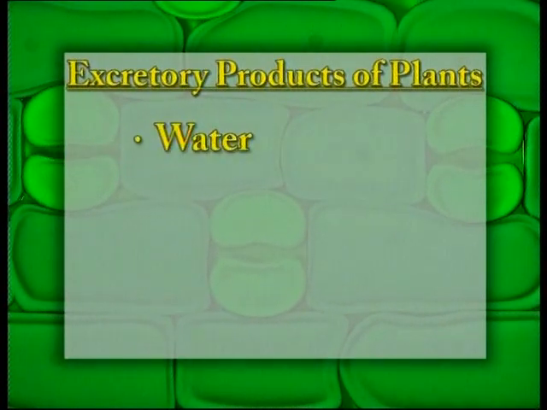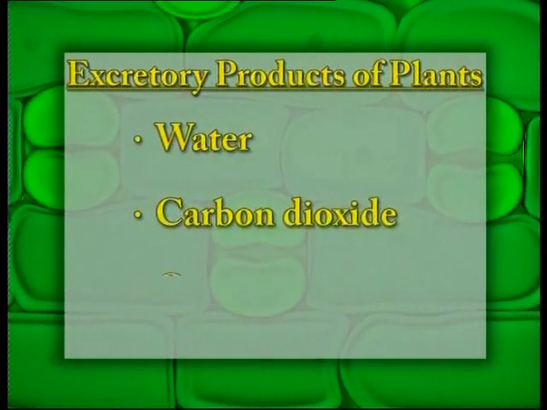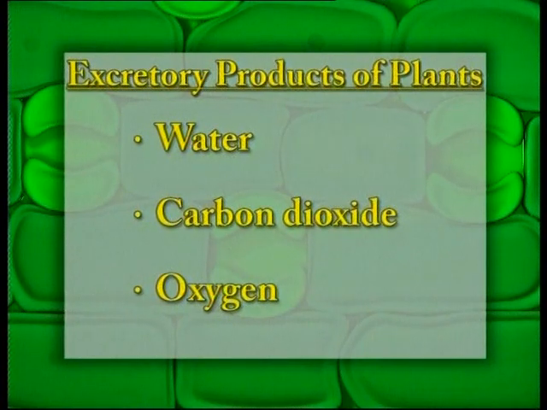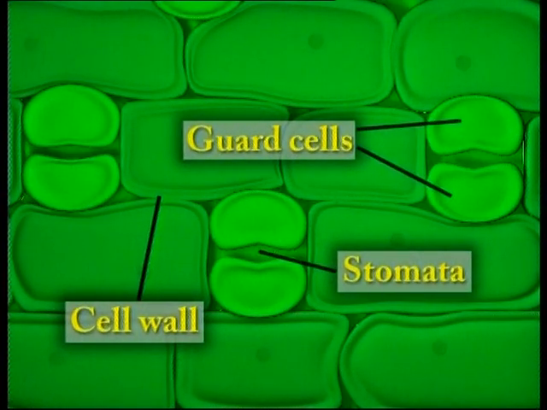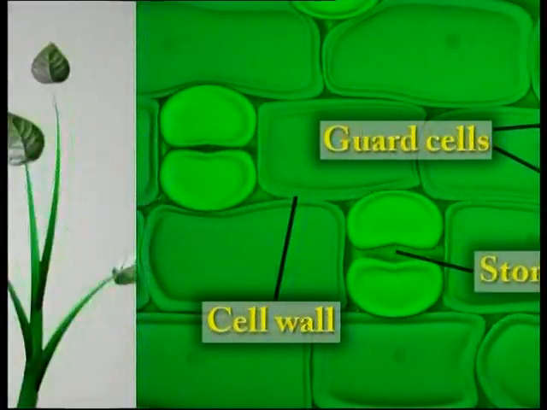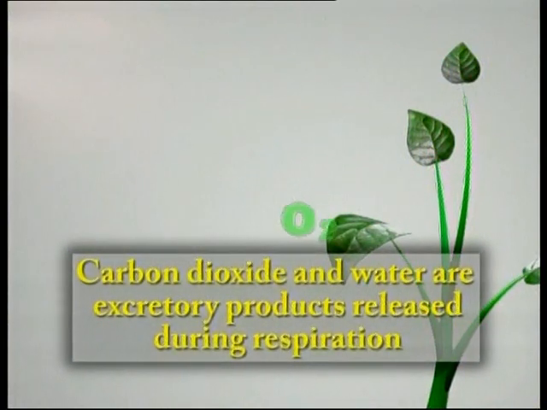Number 14. Plants also excrete waste products of water, carbon dioxide, and oxygen by simple diffusion through the cell walls and through the stomata. Number 15. Carbon dioxide and water are excretory products released during respiration.